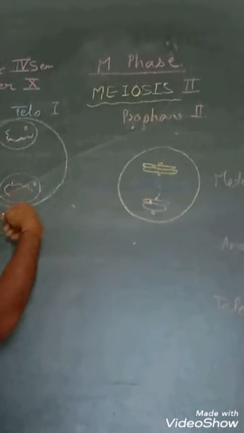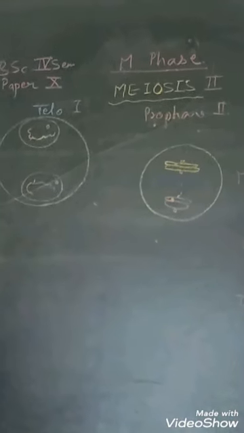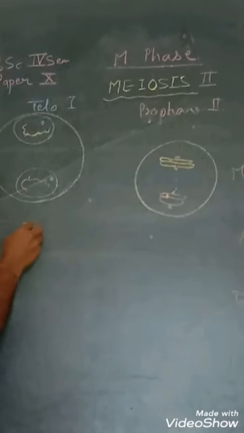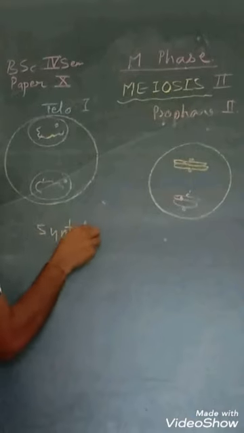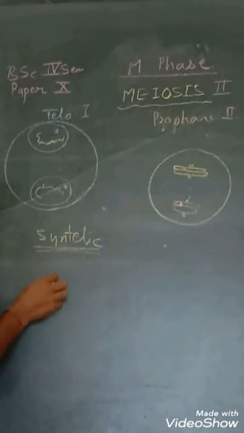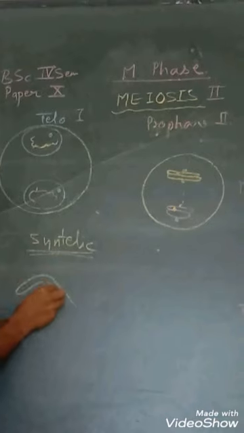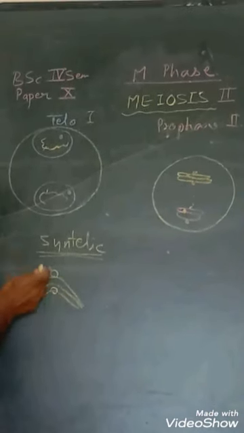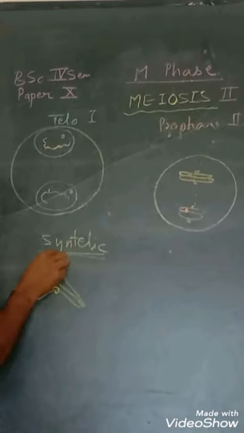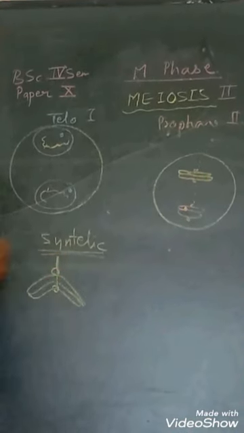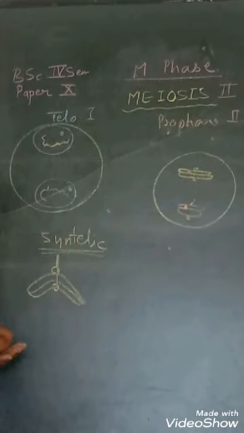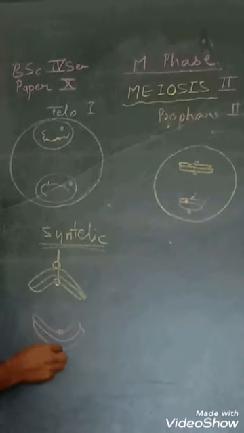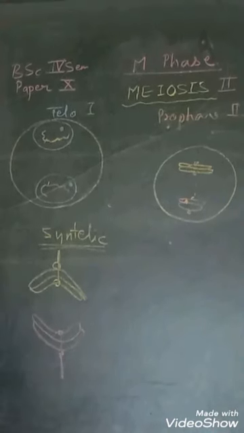Just revising, in meiosis 1, the type of movement was syntelic. That is, both the kinetochores of a chromosome moved to one pole, and those of another chromosome moved to another pole, like this.